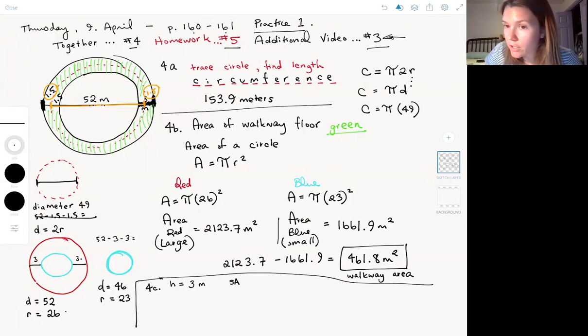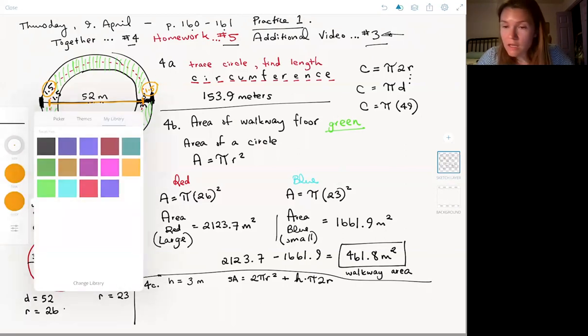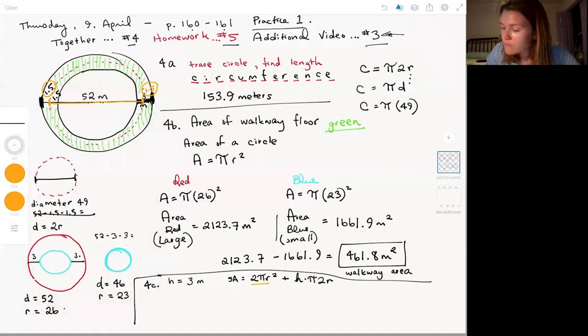So the equation we're using to find the surface area of a cylinder is 2 pi r squared plus height times pi 2r. And when I'm looking at both parts of this equation, there are some important pieces that I need to think about. So this first half represents something, and this second half represents something else.